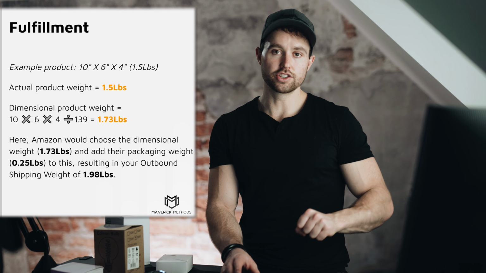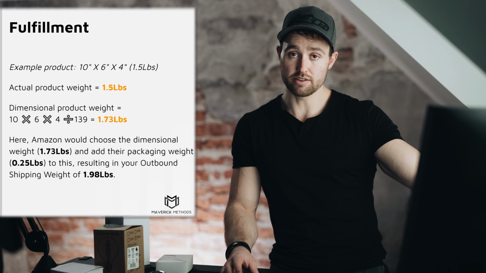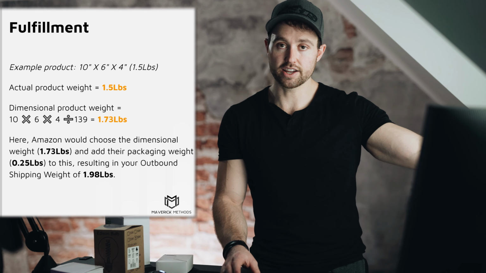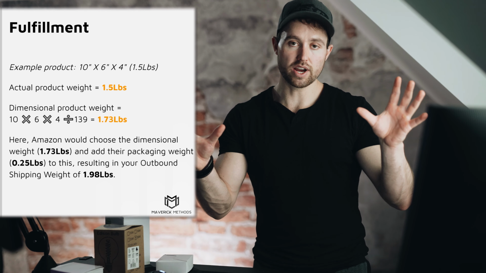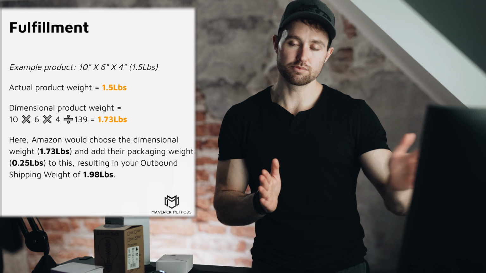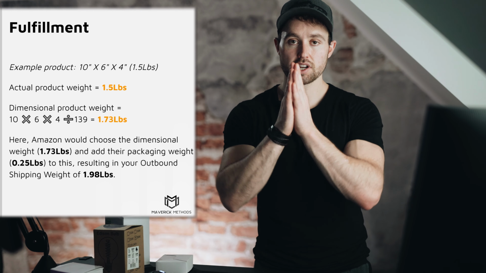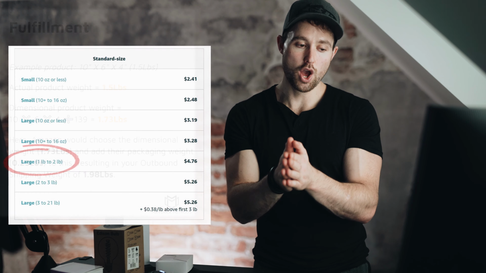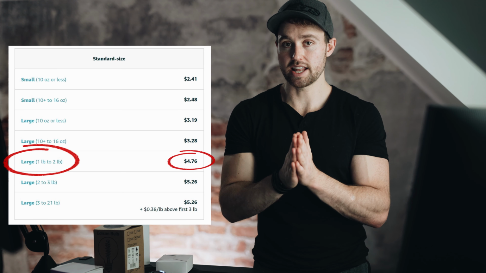And then what they're going to do is say, okay, well, for that size tier, we need to add 0.25 pounds to the product for packaging weight, Amazon packaging weight. And so our outbound shipping weight is those two added together. 1.73 plus 0.25 gives us 1.98 pounds. That's our outbound shipping weight. So here we would just slide under the 2 pound category in large standard size.